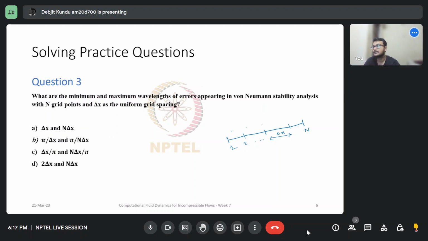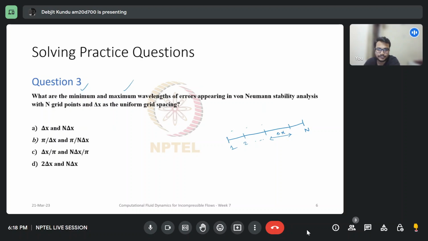Option 1 is delta x and n delta x. So, these are respectively the minimum and the maximum. Okay. So, is it delta x and n delta x? Option A. Option B, pi by delta x and pi by n delta x. Option C, delta x by pi and n delta x by pi.